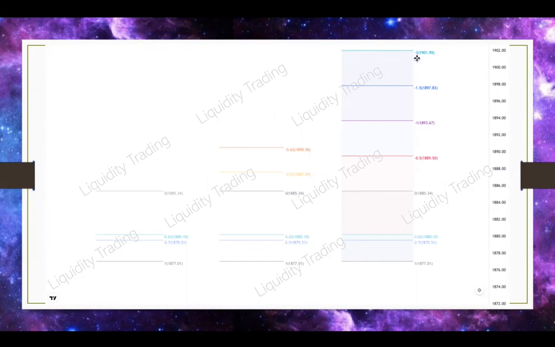However, the difference will be that these ones, so the half, the 1, 1.5, 2, or maybe sometimes even 2.5, 3, or 3.5, will be used as target extension levels on the Fib when it's aligning with an old high or old low.